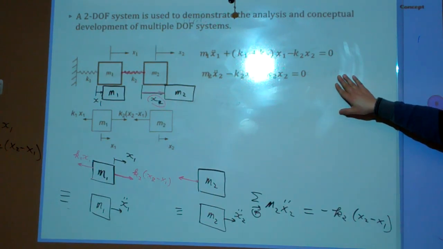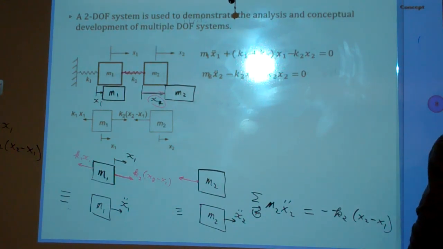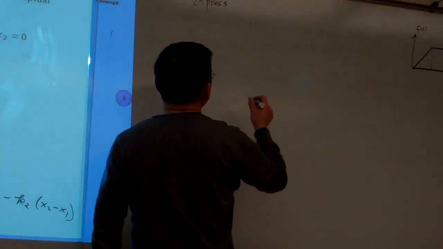Once you have this one, then usually in multiple degrees of freedom, we like to express the equations of motion in a matrix form. So this is another new thing you need to pick up.